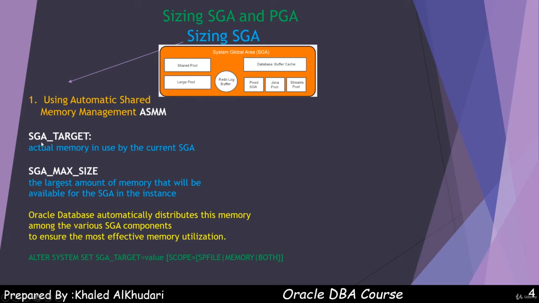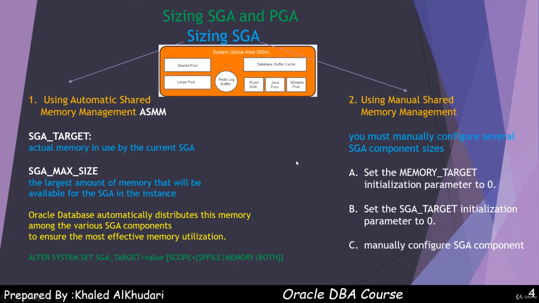So when you put the size for the SGA_TARGET, Oracle will set sizes for all these components, like the shared pool, the large pool, and the redo log buffer. Actually, the DBA can run ALTER SYSTEM SET SGA_TARGET and put a value, and we will talk about this later. I just want you to understand only the concept.